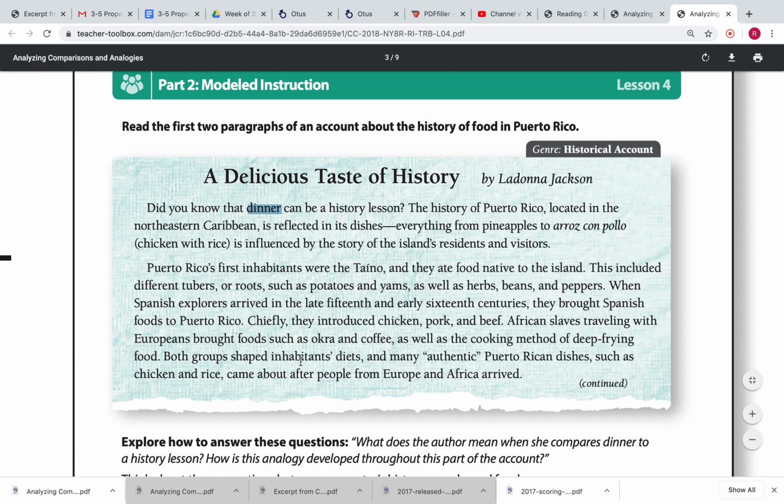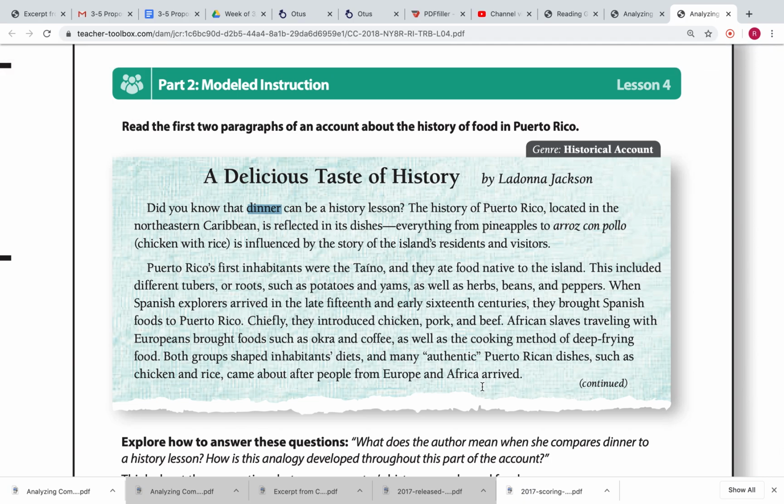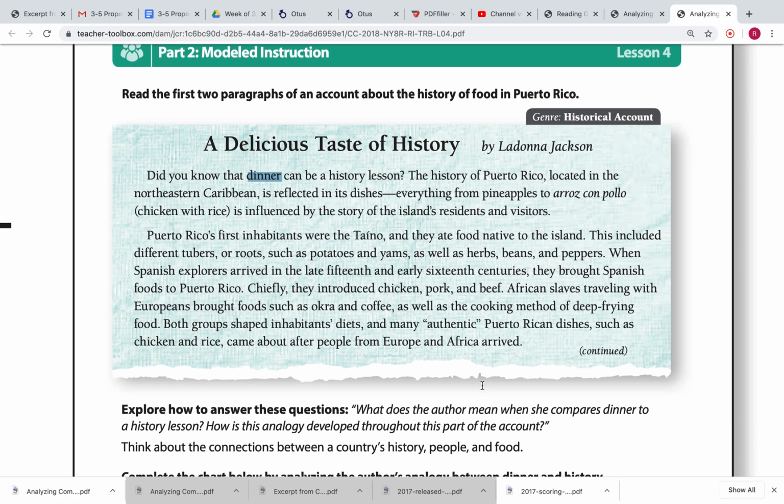Both groups shaped inhabitants' diets, and many "authentic" Puerto Rican dishes, such as chicken and rice, came about after people from Europe and Africa arrived. So when you think of Puerto Rican food today, it's not all food that was always originally there in Puerto Rico. It's the result of cultural exchanges between multiple groups of people.